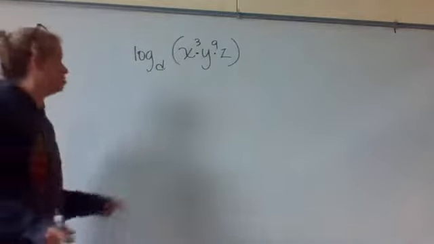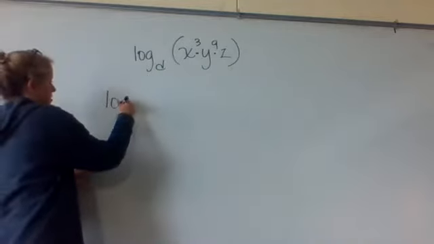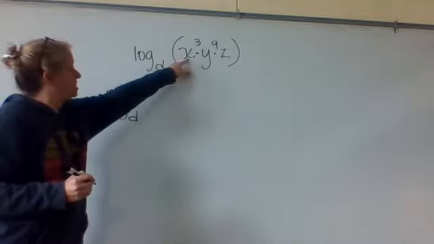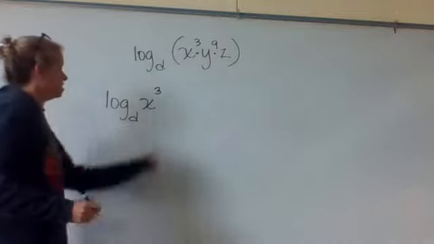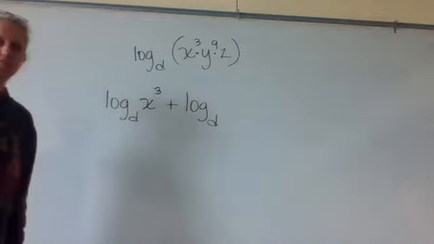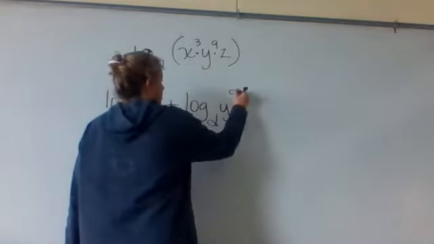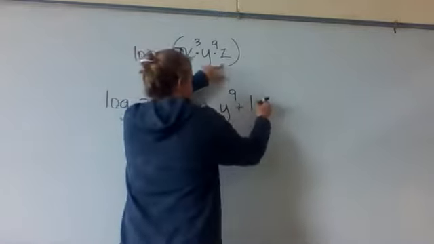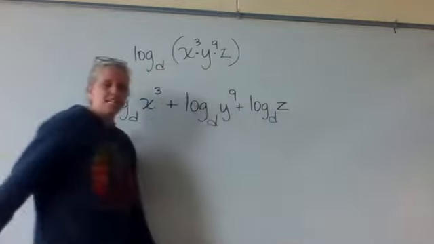Multiply and sum go together. So they're all going to be log base D. The first one, what is the first part of log base D? We're going to have x to the 3rd. That's the first one. Now we're going to add that to another log base D. The second part of it, which is y to the 9th. And the last one, so another plus log base D of z.